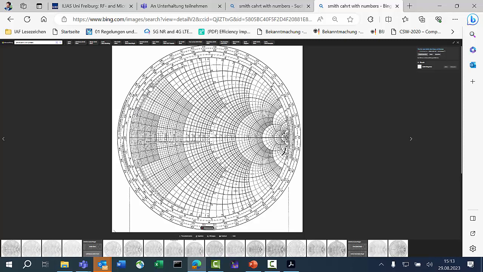So if I have to build an impedance 50 plus 2 times I 50 ohms, or plus I 100 ohms, I would just go up the circle till I meet this branch, and then I have the impedance 50 plus 2 times I 50 ohms, 100 plus 100 I ohms. And this is the way it goes.